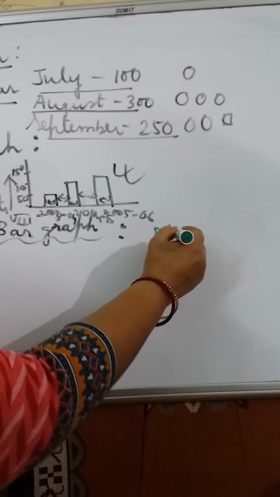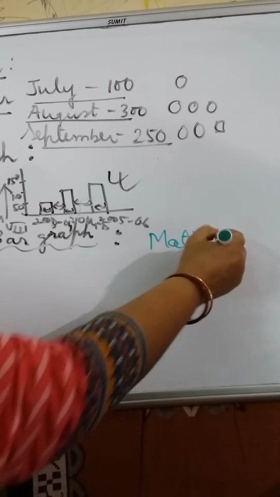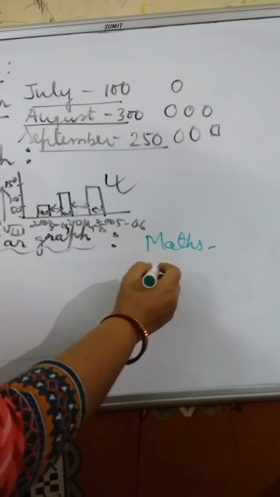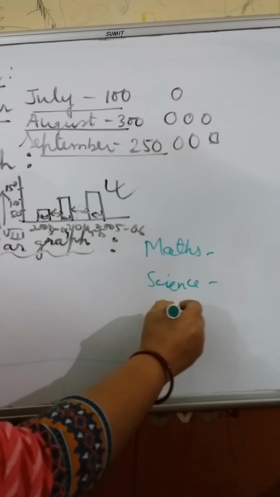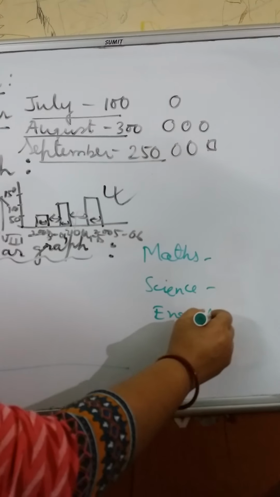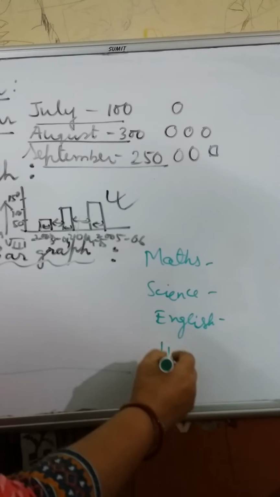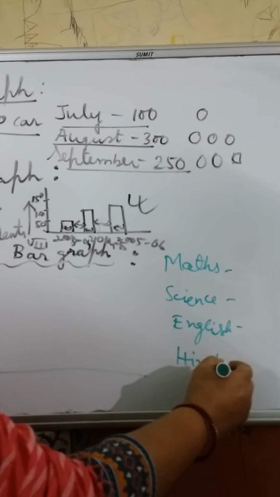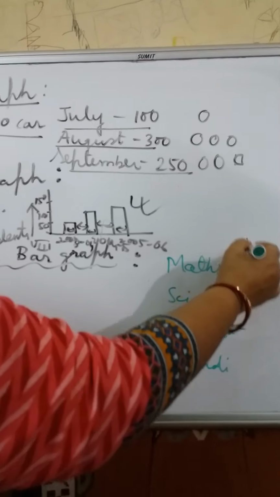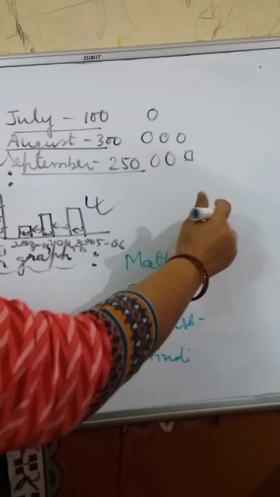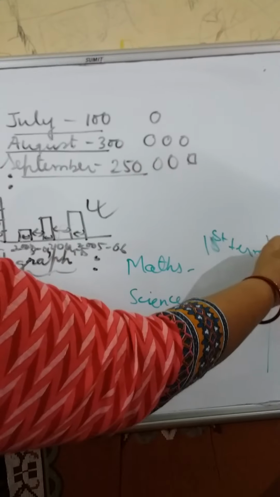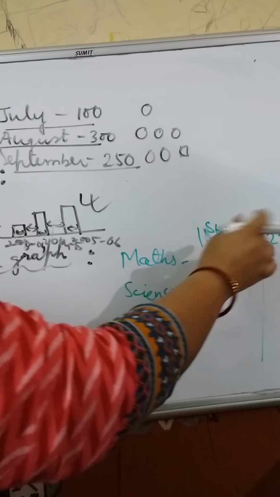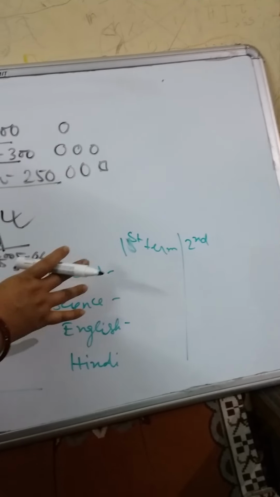Say I will take maths, science, English and Hindi. So this is the first term and this is the second term, the marks he has got.